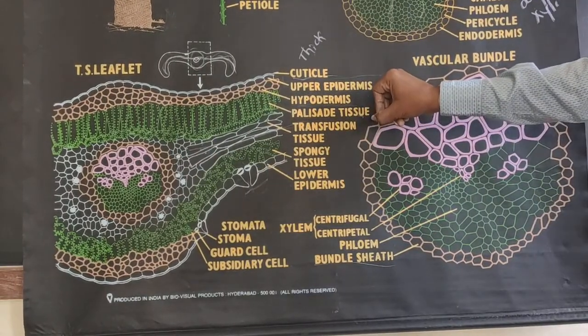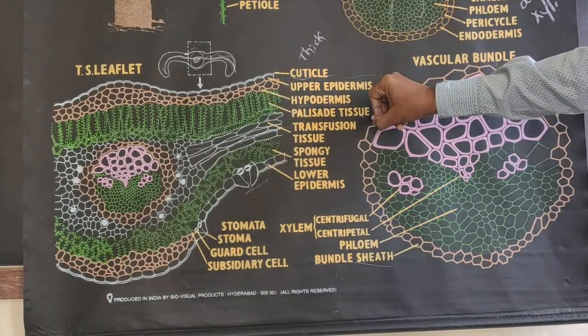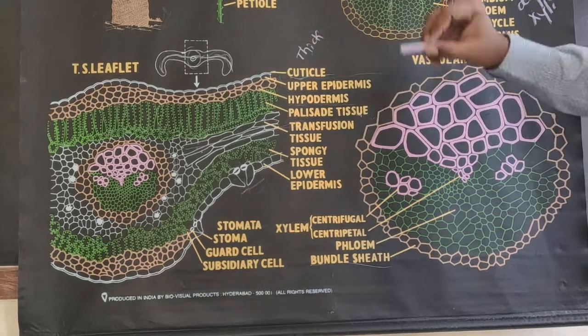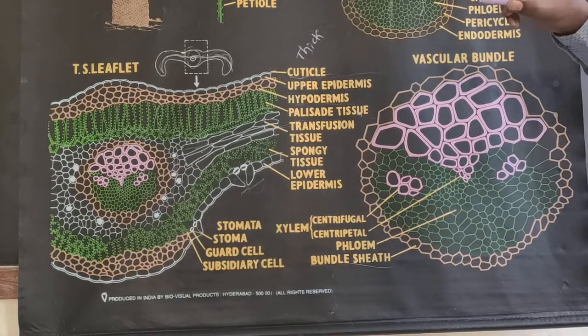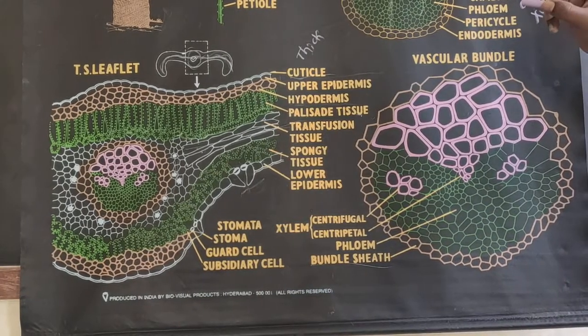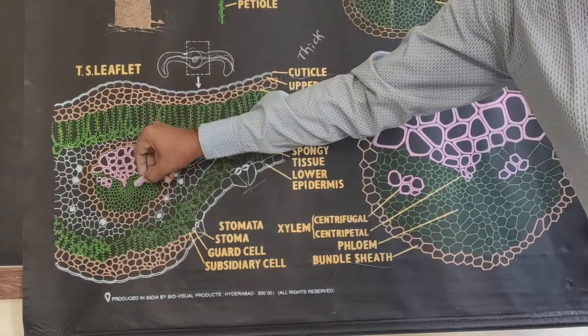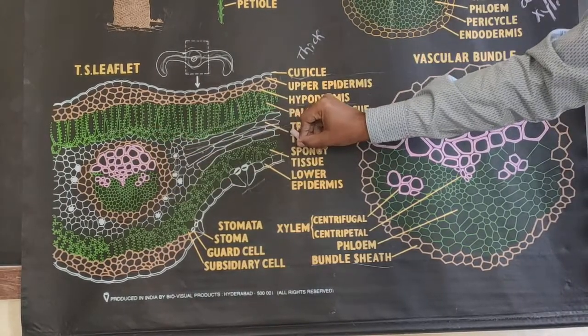For example, in angiosperms or higher plants, a main vein is present along with lateral veins. But in the cycas leaflet, only the central middle vein is present. The lateral veins are absent.